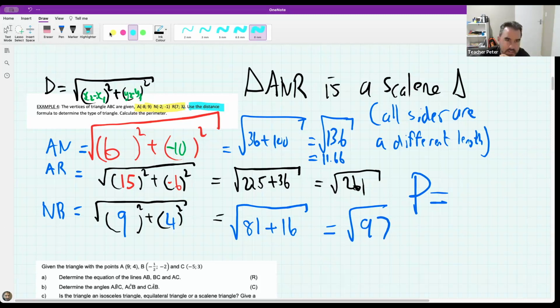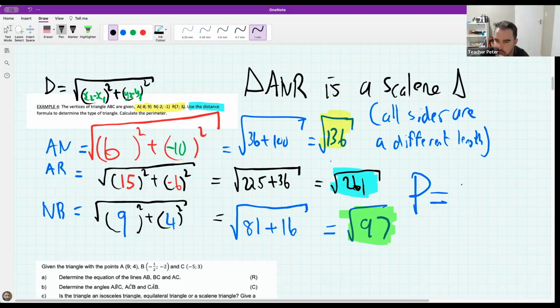I think all I need to do is take the one distance, or let's go with the roots, because then there's less rounding off. So square root 136 plus square root 261 plus square root 97, which are the three sides. And what do I get for my final answer?